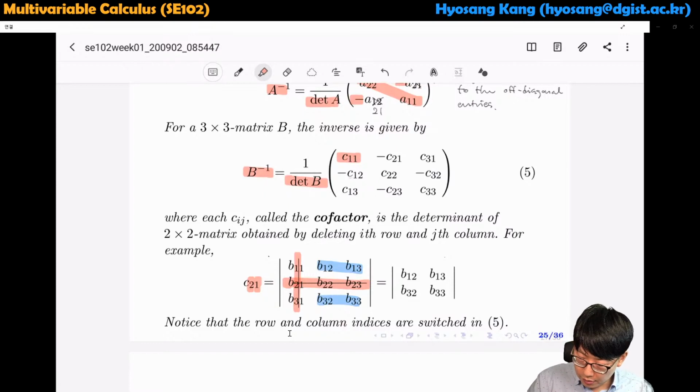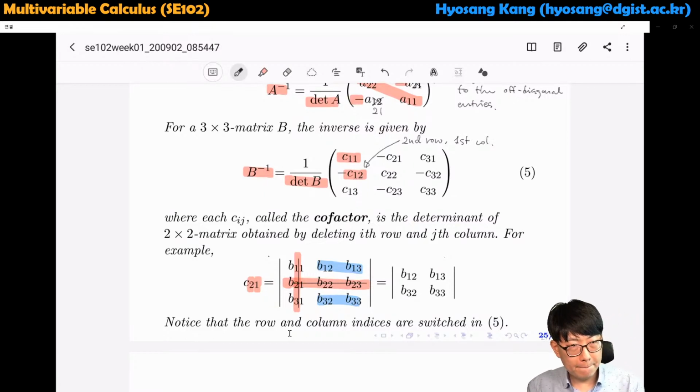So you see C12 appears on the second row, first column. C12 is obtained by erasing the first row, second column, but it is placed on the second row, first column entry of the inverse matrix of B. So you switch the role of the first index and second index.